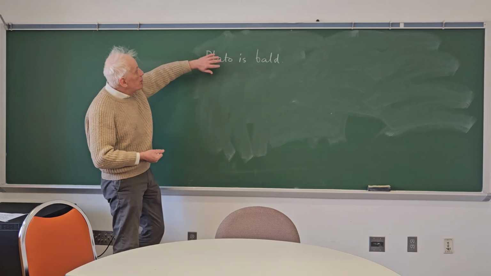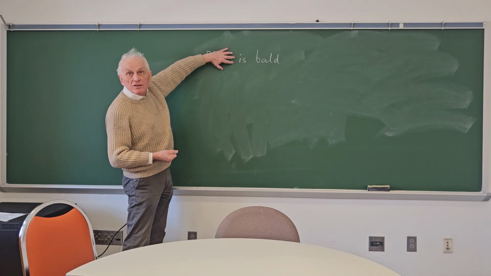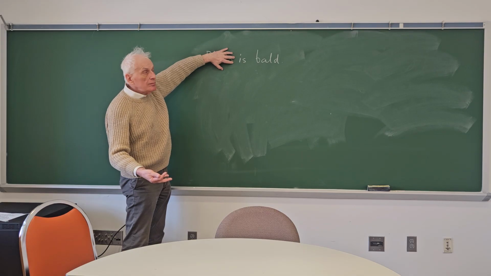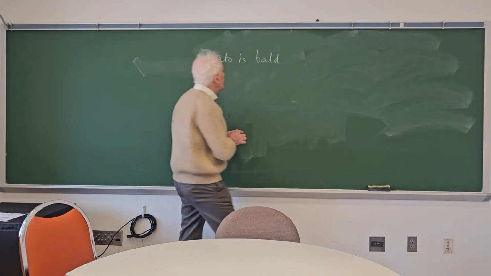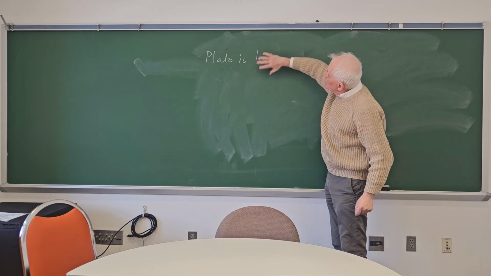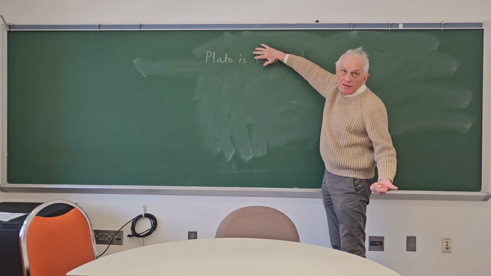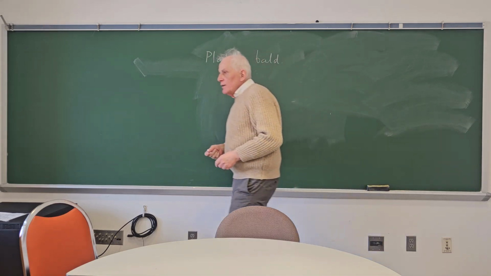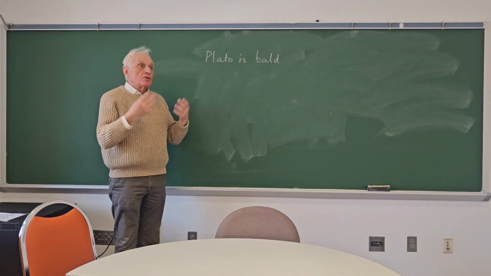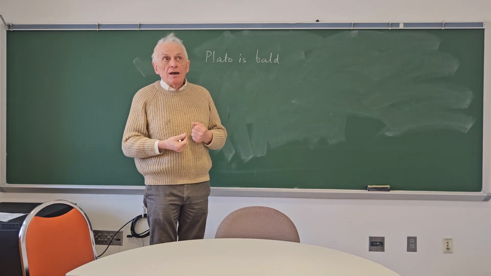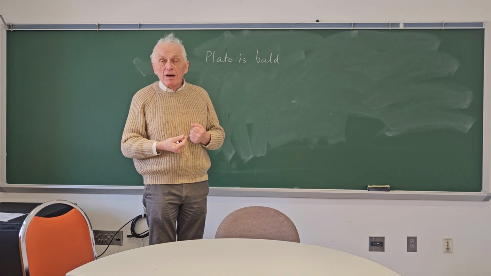So if we take away Plato, we get a sentence fragment, is bald. And equally, if we take away is bald, we just get a name, Plato. Or if we take away bald, we get a sentence fragment, Plato is. So this is an atomic sentence. An atomic sentence is a sentence that doesn't contain another sentence as a proper part of it.